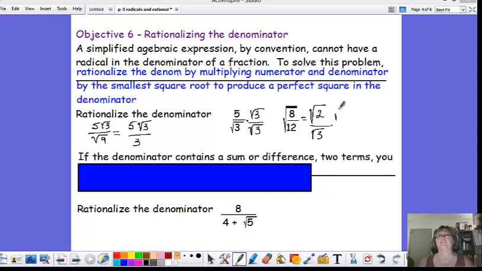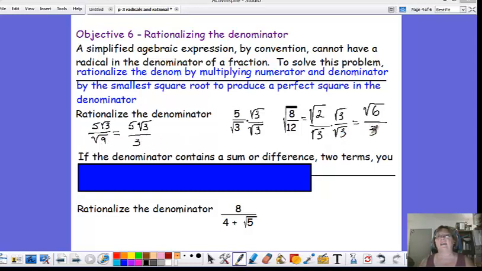I rationalize the denominator, multiplying top and bottom by that convenient form of 1, which happens to be root 3 over root 3 again. On top, root 2 times root 3. I can do it if it's a multiplication. That's root 6. On the bottom, root 3 times root 3 is root 9, which is 3.